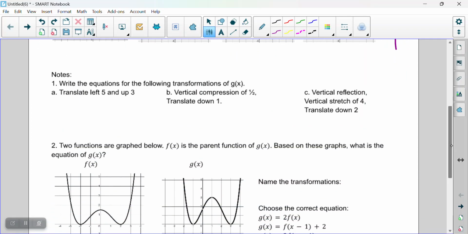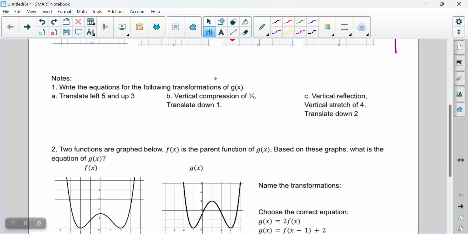Write the equations for the following functions of g of x. G of x is your original. Well, you could have an a being multiplied in front. You could have an h on the inside, and you could have a k on the outside.